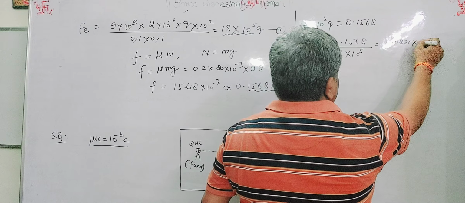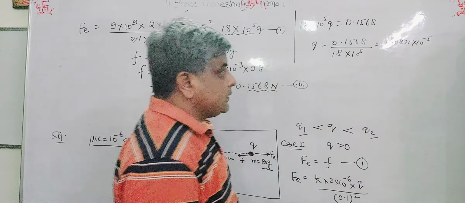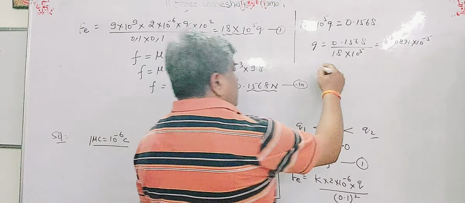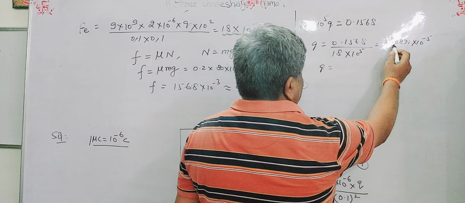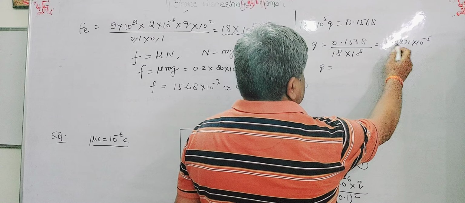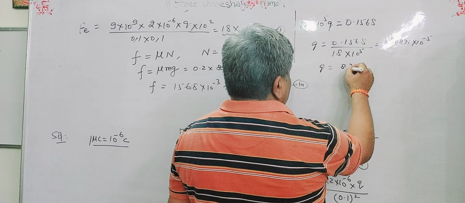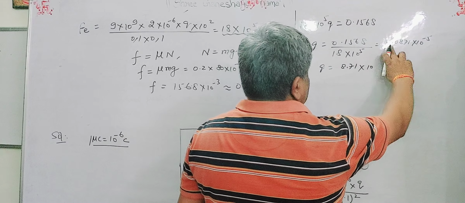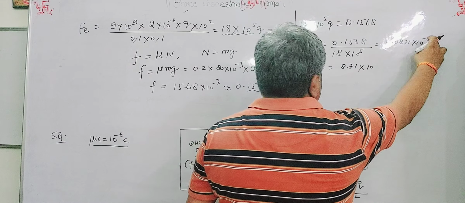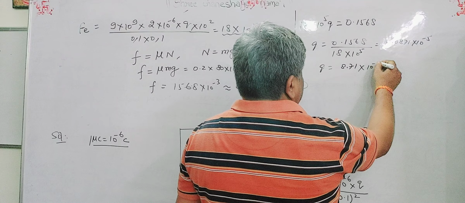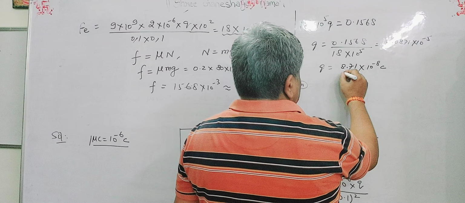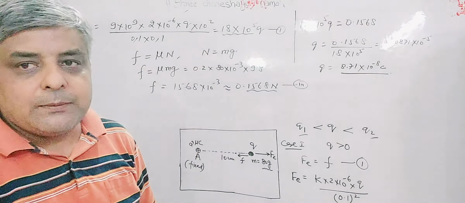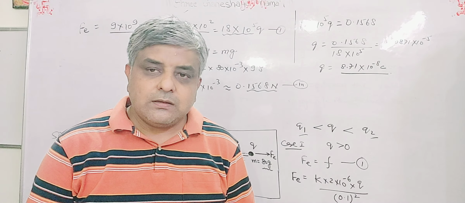That is 0.00871 multiplied by 10 to the power minus 5. You can convert it to scientific notation also. If I shift the point three places, it is 8.71, and since you have shifted 3 decimals, you have to subtract 3 from the exponent, so minus 8 coulombs. So this is the value of Q: 8.71 multiplied by 10 to the power minus 8.